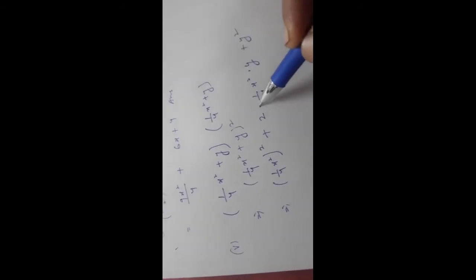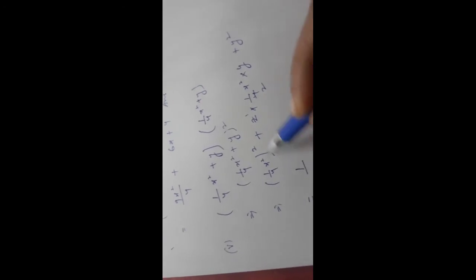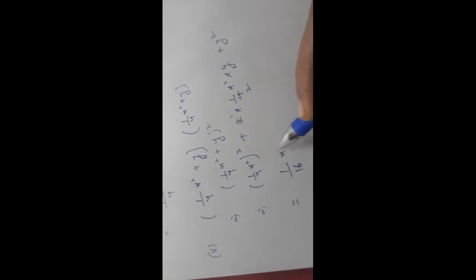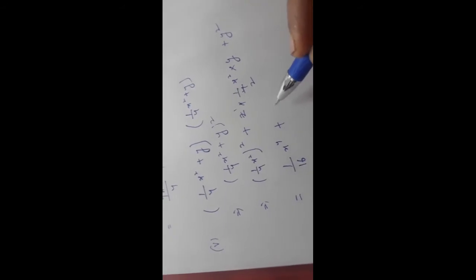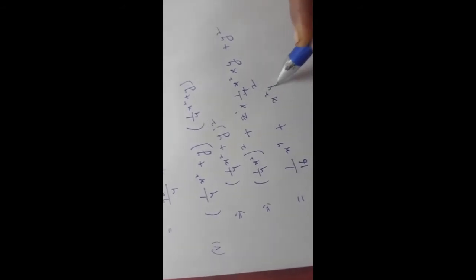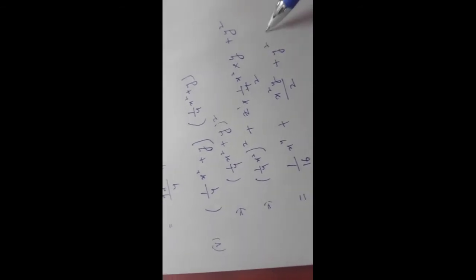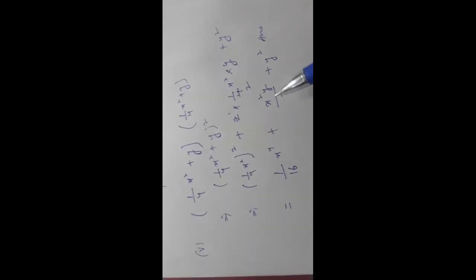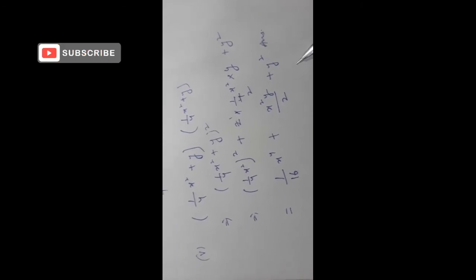So this can be cancelled, 2 ones are 2, 2 twos are 4. So our answer would become 1 by 4 square, which means 16, and x square into x square would be x raised to the power 4, plus here what is left? x square y by 2 plus y square. That is our answer: 1 by 16 x raised to the power 4 plus x square y by 2 plus y square. This is our answer of the fifth part of question number 1.